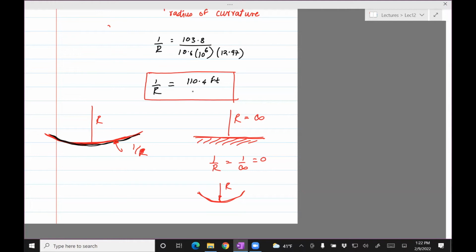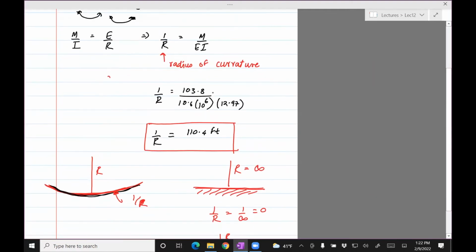I can quickly check this. Physically, it doesn't make sense. So 103.8, this should be kips.